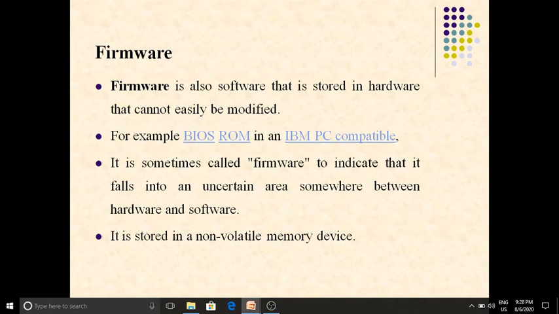It is stored in a non-volatile memory device, which means the stored content cannot be changed.